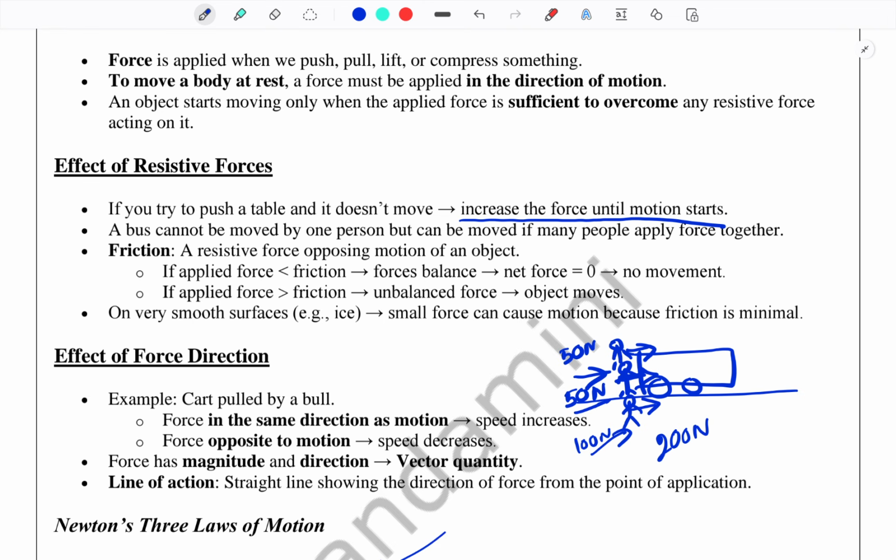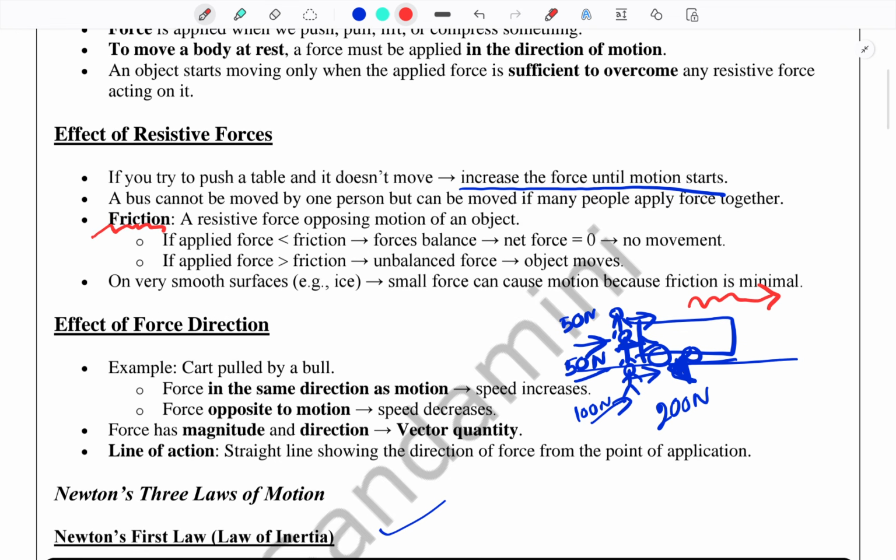That means it can overcome the resistance given by this bus against your forces. Then the bus can move, and starts moving in this direction. So the friction term is mentioned too, but there is a separate lesson to learn about friction.